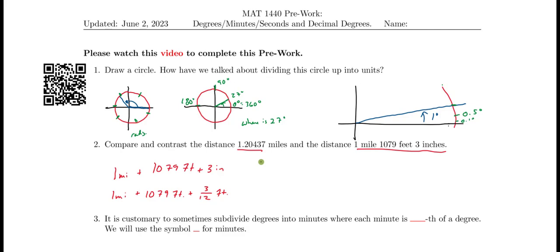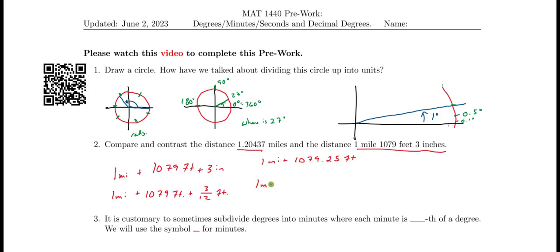So now we could think of this as 1 mile plus 1,079.25. How did I get 0.25? Because if I take 3 divided by 12, you can check this, you get the decimal 0.25. And so we've got 1 mile plus 1,079.25 feet.